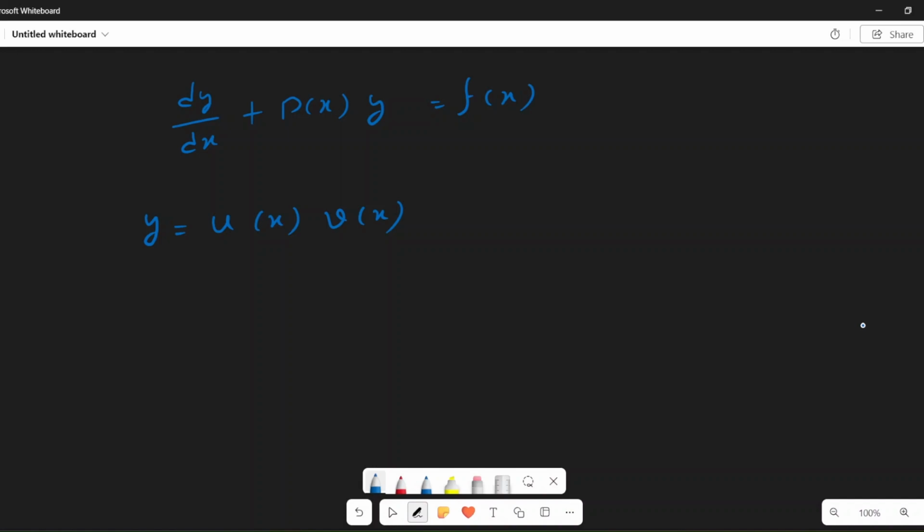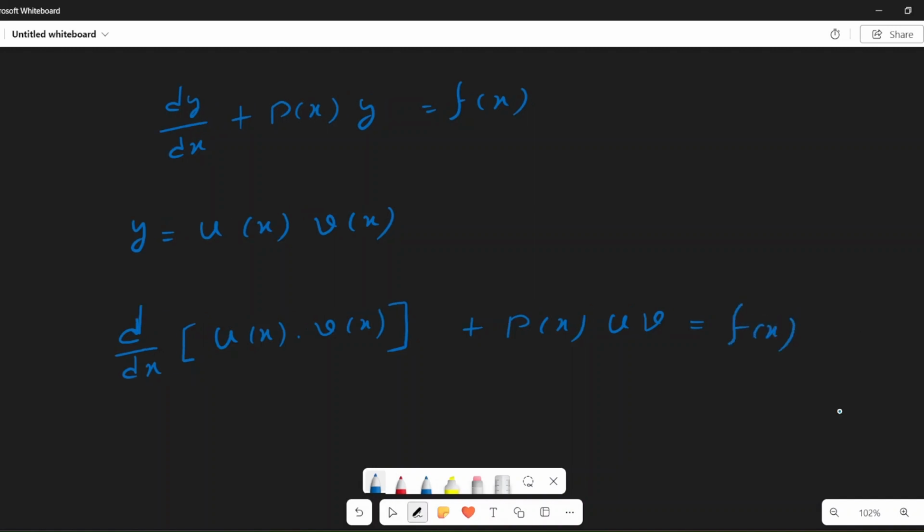Now find the derivative, and substitute the value of y with this. What can we write? d/dx of the value of y, which is now u(x) v(x), plus px uv is equal to f(x).